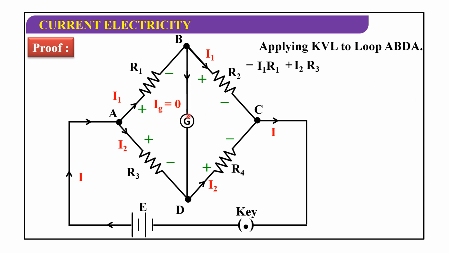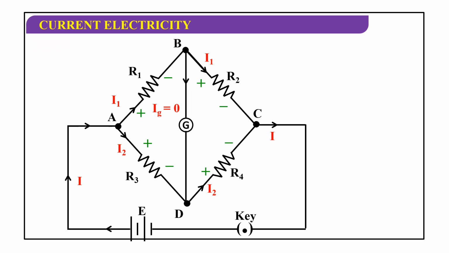No current flows through the galvanometer, so IG is 0. Minus I1 R1 plus I2 R3 is equal to 0. This is happening in the loop ABDA, following Kirchhoff's voltage law. Therefore, I1 R1 is equal to I2 R3. This is equation 1.